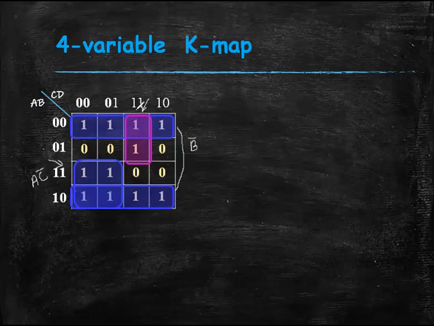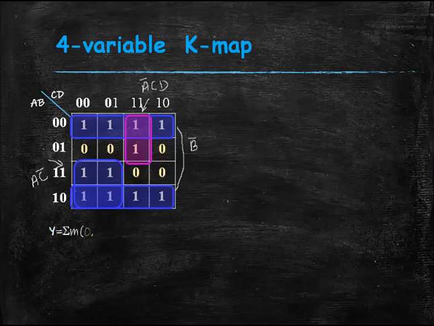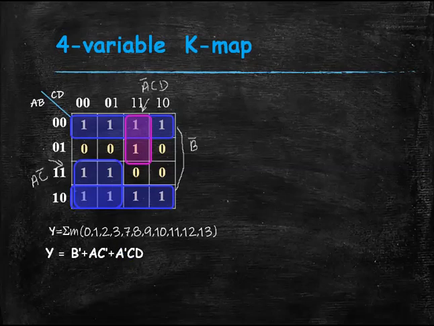In the 3 variables there is CD constant and A bar. It is A bar CD. Then the result is Y equal to B bar plus A C bar plus A bar CD.